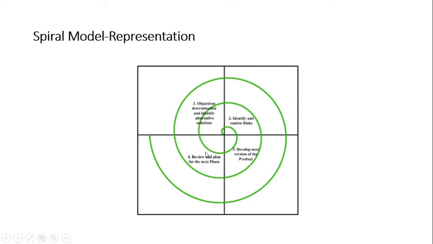Again you give that prototype to the customer, who gives some feedback, and you make those changes in the next iteration. So it resembles a prototype model also, since it includes customer evaluation and feedback, and we are refining our product as per the feedback received.